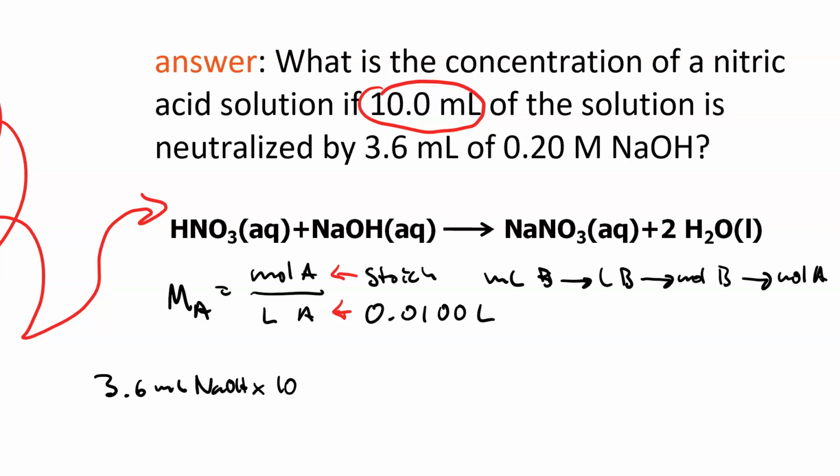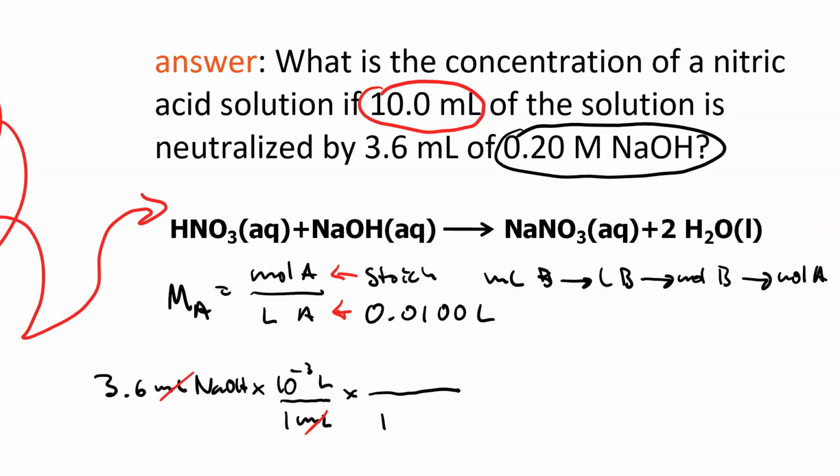Convert to liters. 10 to the negative third liters is 1 milliliter. Milliliters is cancelled. Now I use the molarity to get to moles. So 1 liter on the bottom and 0.20 moles of NaOH up top. Liters cancels.